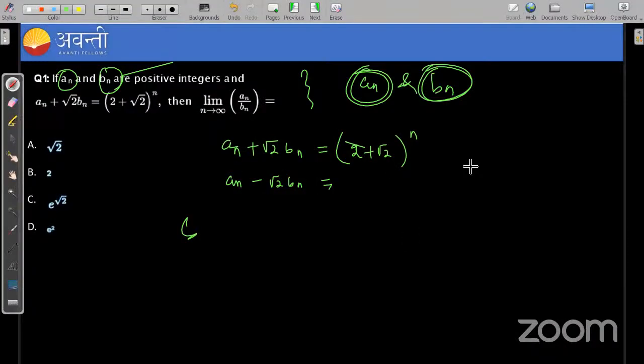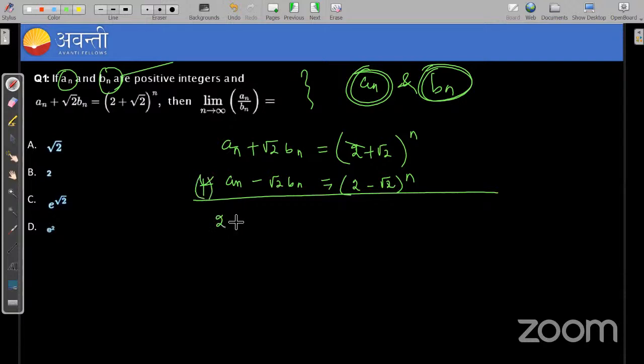So tell me now, what am I asking? An minus root 2 bn. So this will be actually 2 minus root 2 whole to the power n. Now, if I ask you to add these two equations, what do we get? We get 2 into an, as root 2 bn will be cancelled out.